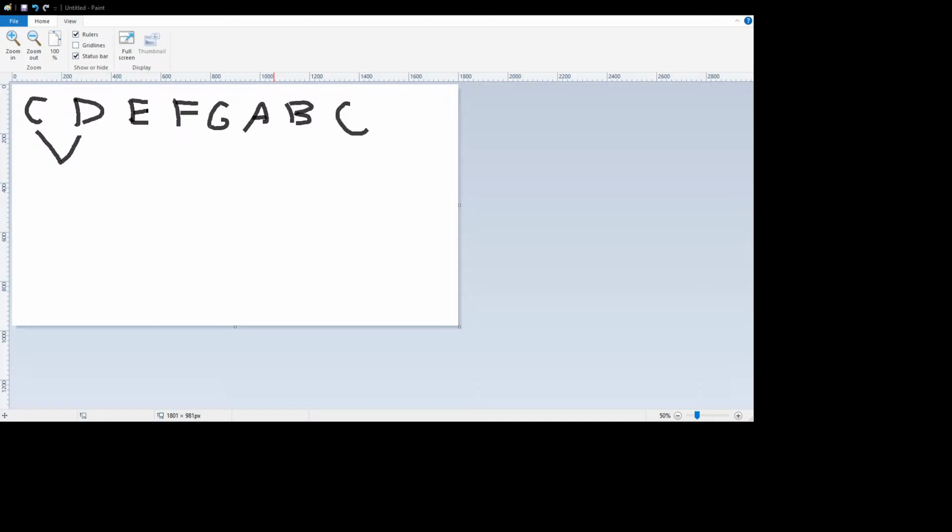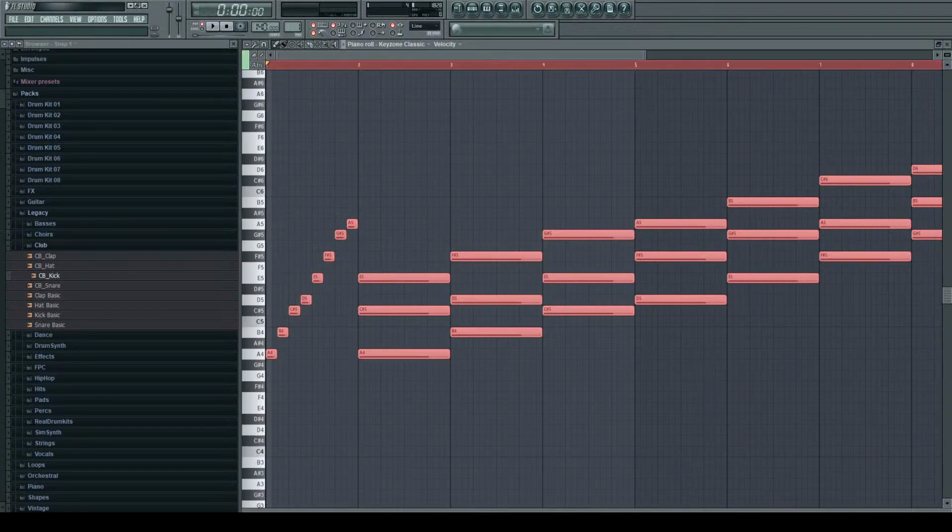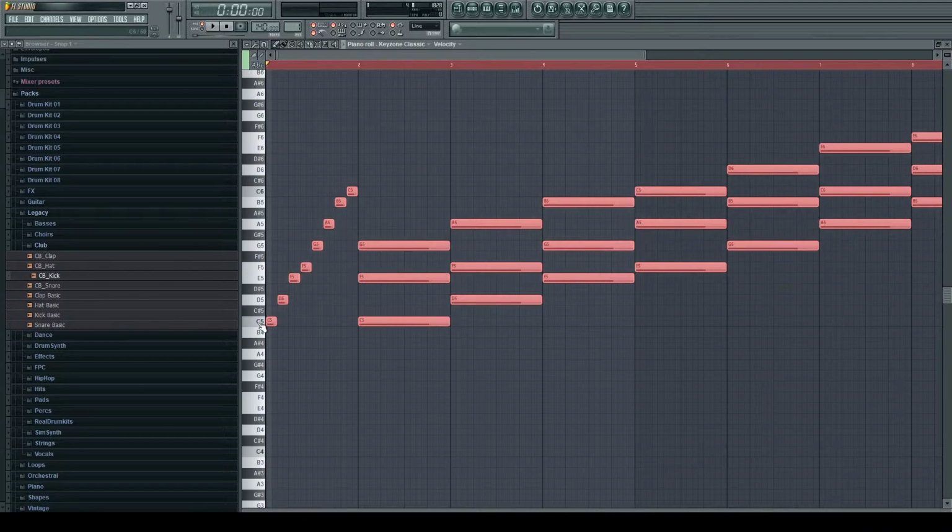So, let's go to the keyboard. If you look at the keyboard, go back to the key of C, we have white and black keys, right? So technically, if you play a C to D, you're actually skipping a note, which is the C sharp.